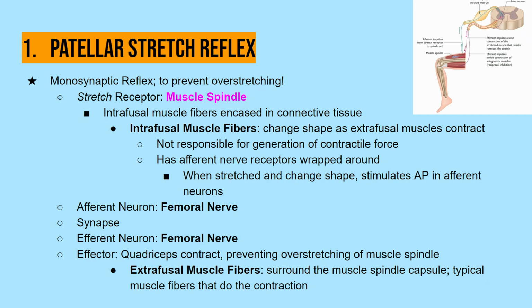So here's an overview of the patellar stretch reflex. Some important things to note is this is a monosynaptic reflex, so that means there's no interneuron, and this reflex is to prevent overstretching of muscle. So if you want to prevent a muscle from overstretching, this reflex just initiates contraction of the muscle.